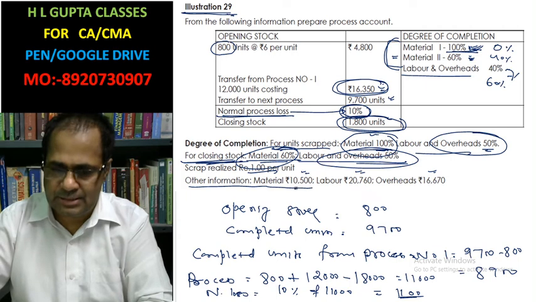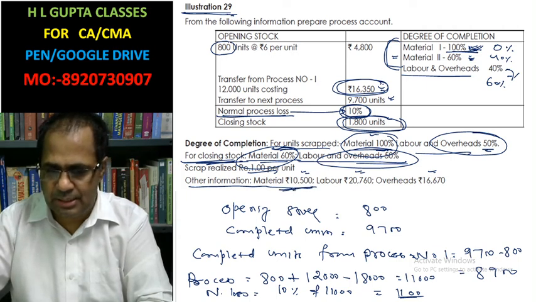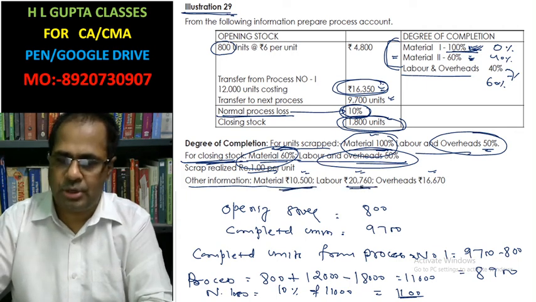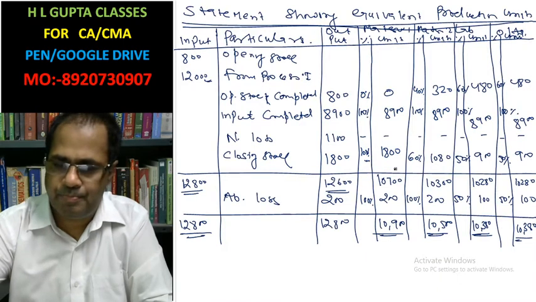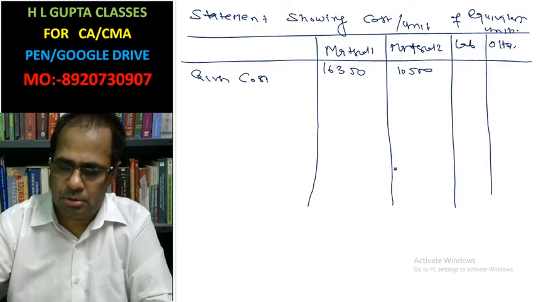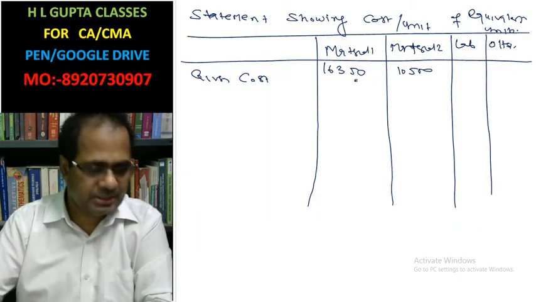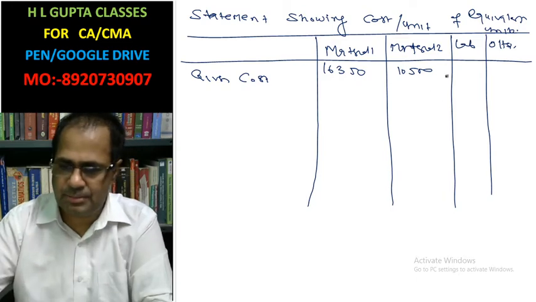Additional material 10,500, this is 20,760, this is 16,670.